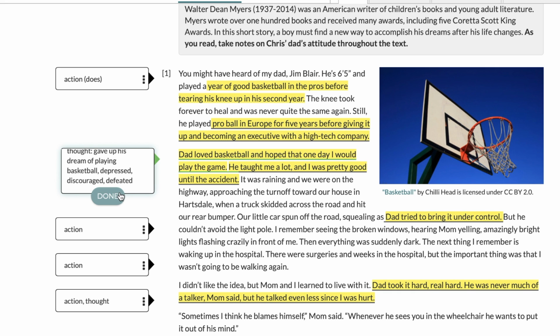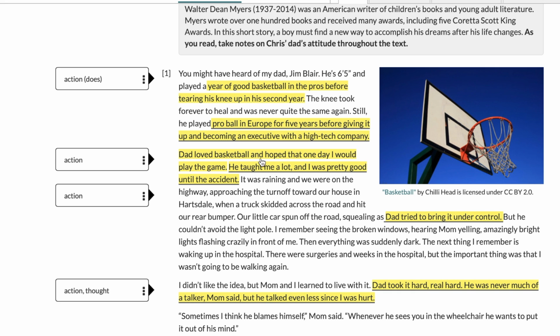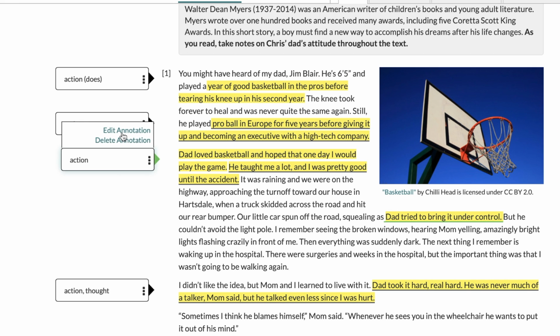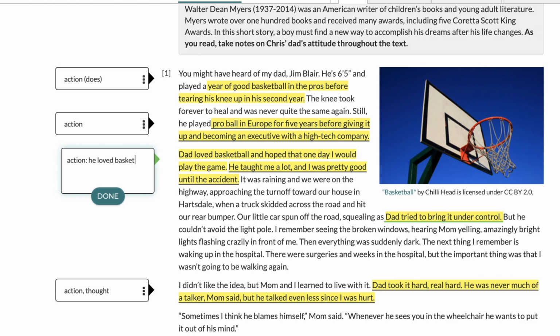These are all words we could use to express how the dad may feel having to give up this dream of his. But we know that the dad loved basketball and he hoped that one day he could play the game again, or that his son could play. So he taught him a lot. Let's take a minute and look at that. He loved the game. That's the feeling. He loved basketball. And then when he had a son, he assumed that the son would play one day too.